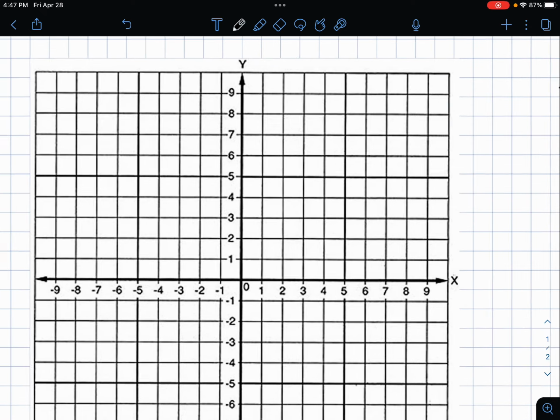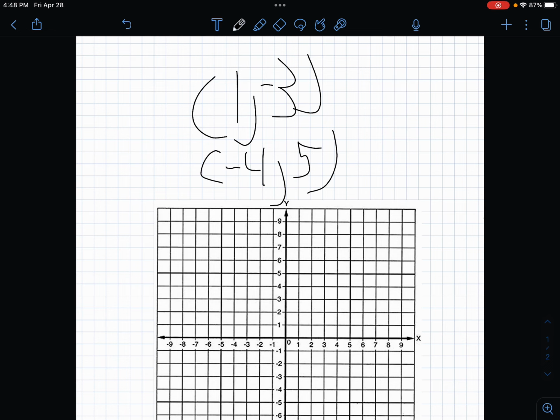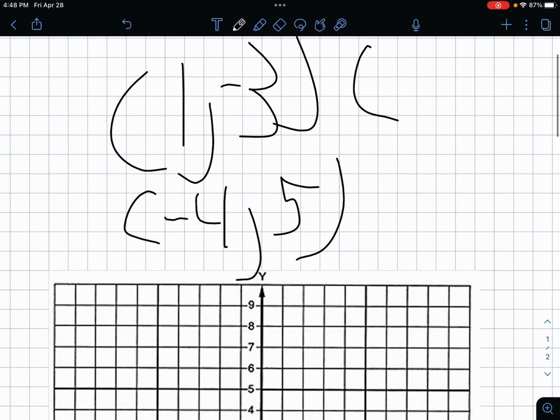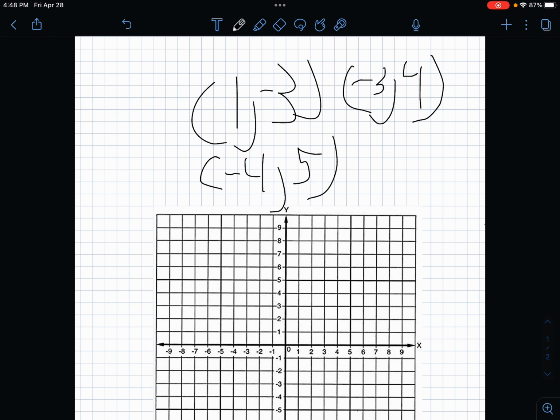So let's say 1, negative 3, negative 4, 5, and negative 3, 4. Now, this doesn't always have to be a triangle, it could be squares too, rhombus, rectangle, whatever.